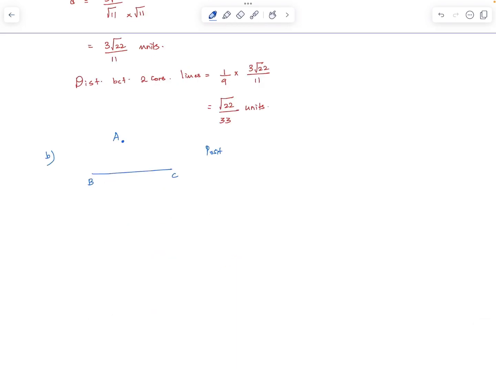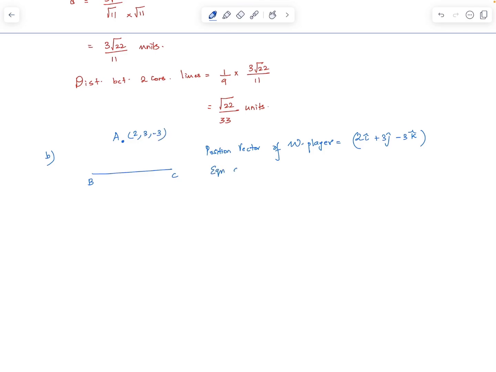The position vector of the winning player is 2i plus 3j minus 3k. That is, the coordinates of A is (2, 3, minus 3).